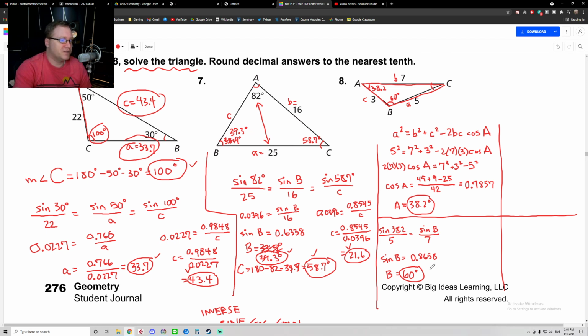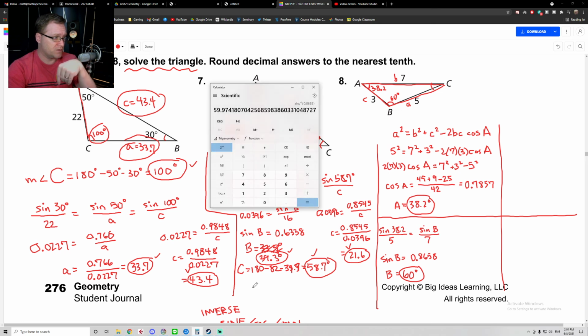Oh, that's right, it can be 180. 60 degrees plus 150. Hmm, 245. The sine has to be over here. Hold on a second. The inverse sine of this 86.58 equals 60 degrees. That's not right.